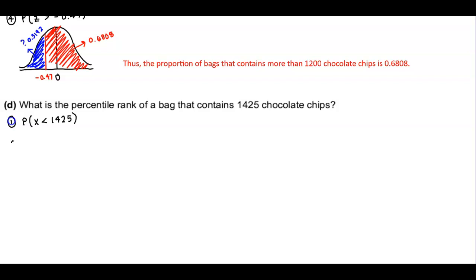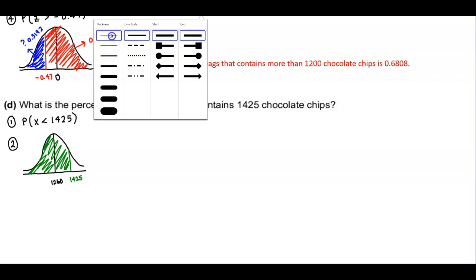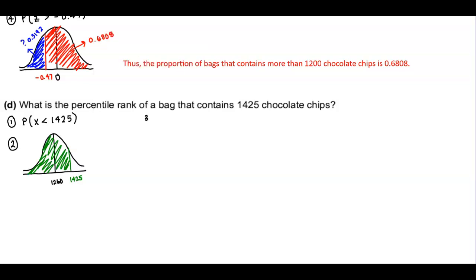Again, let's draw our bell curve so that we know what we're looking at here. When we draw our bell curve, we know that our mean is 1260. And we know that 1425 is to the right of that mean, but we want to find the area to the left. So we want to find our z-score.